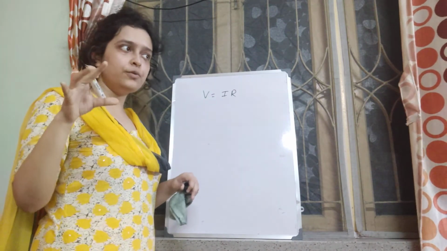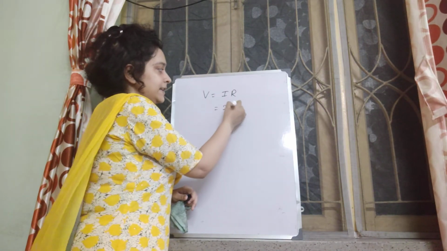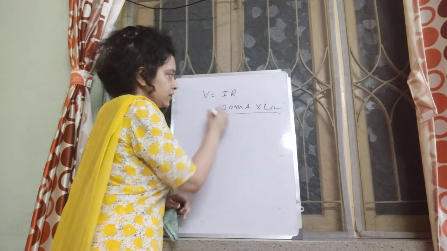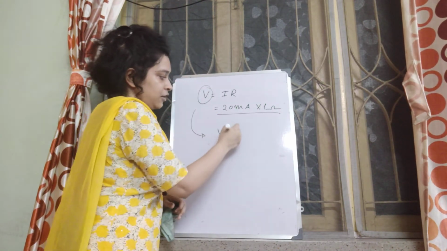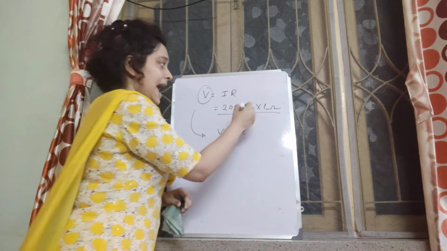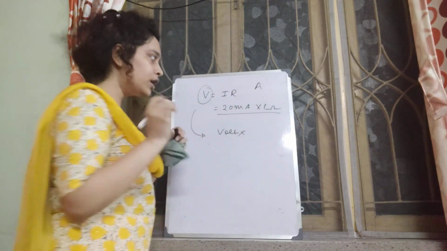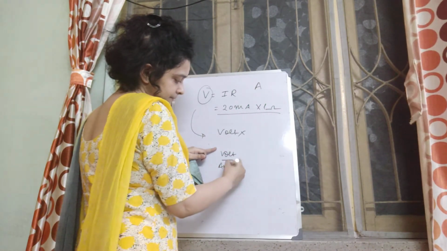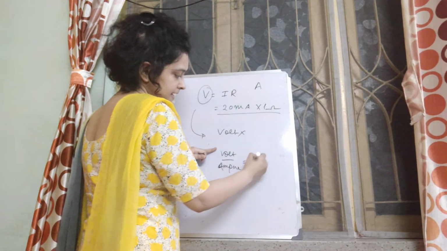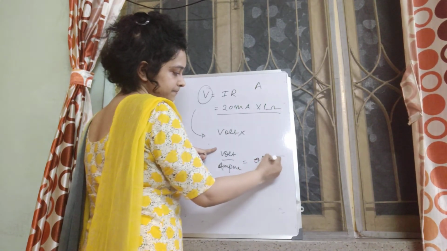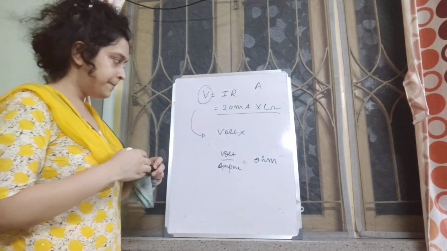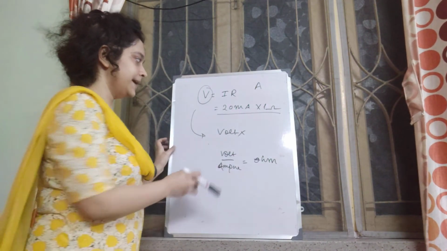Say you are using 20 milliampere and here you are using 1 ohm. How can this be volt? Then potential difference cannot be in volt. Because what do we know? Volt per ampere is 1 ohm, not volt per milliampere. Right?